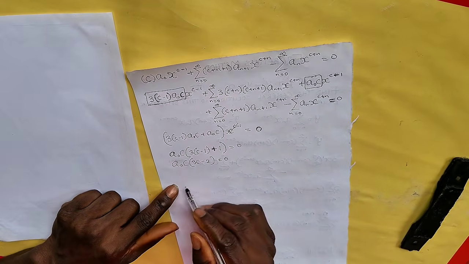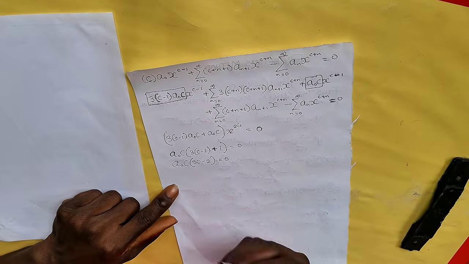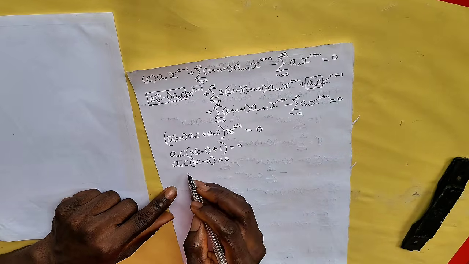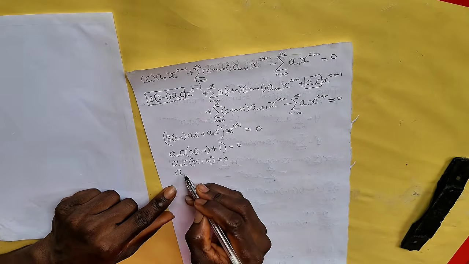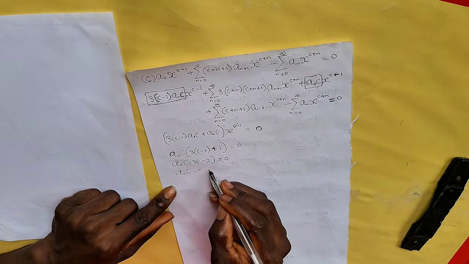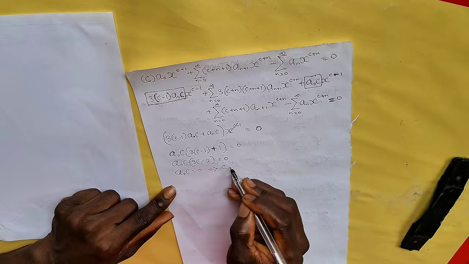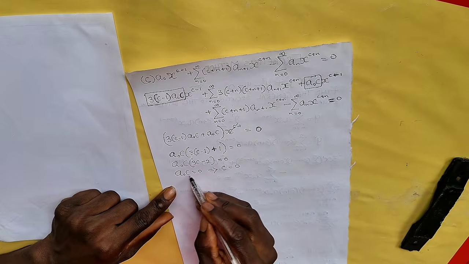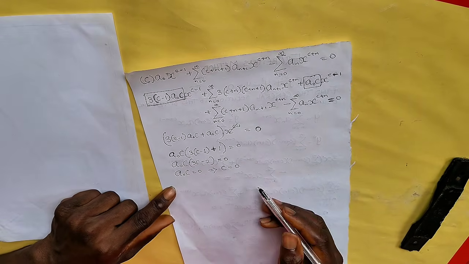Okay, so when you have an expression like this in mathematics, then you have two roots for the equation. You can say a naught c equals 0. So from here, c can be equal to 0, because 0 divided by a naught will be 0.